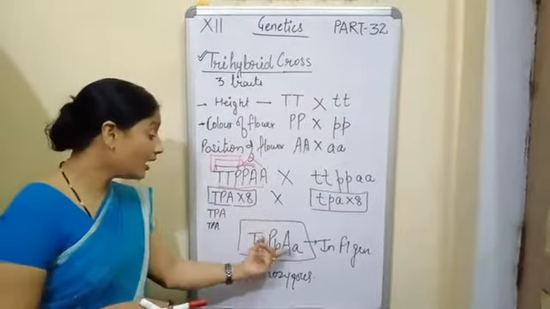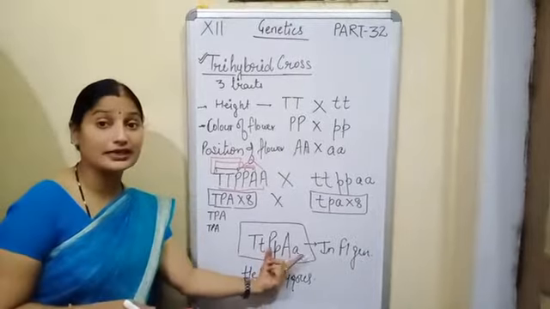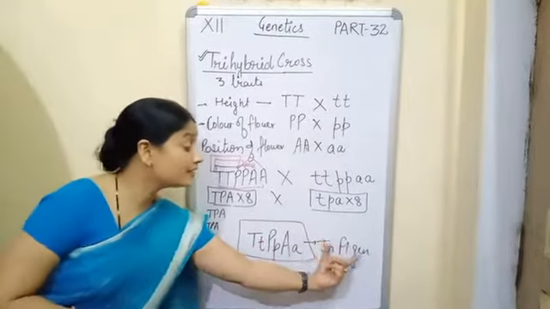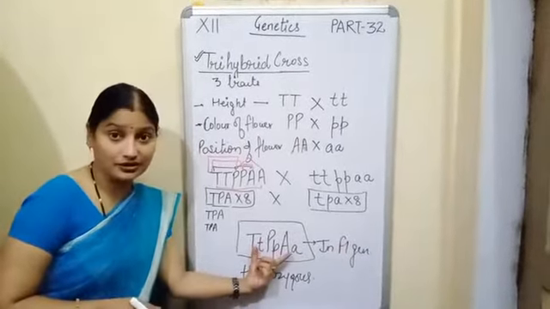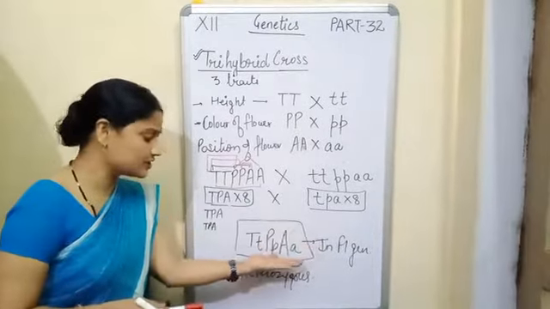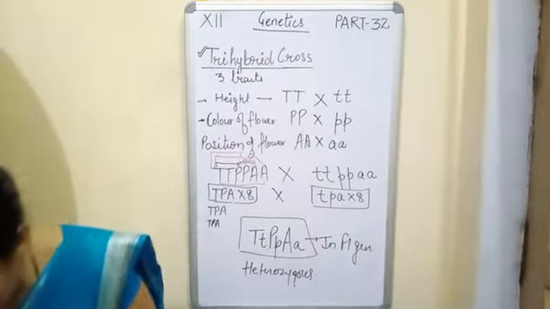But how to find out the gametes in case of the result of F1 generation? Result of the parent generation in case of F1. Now see.